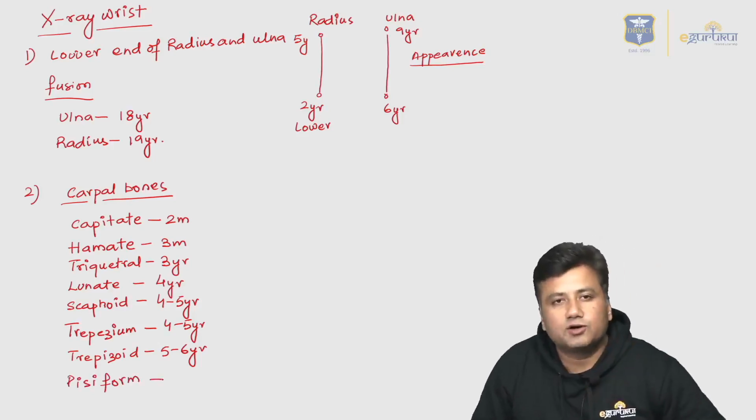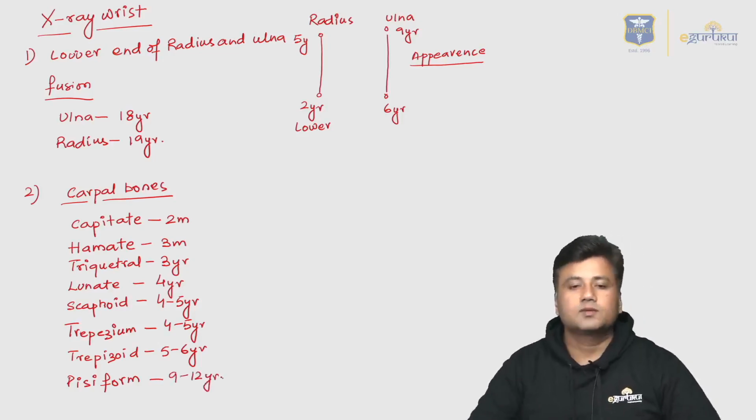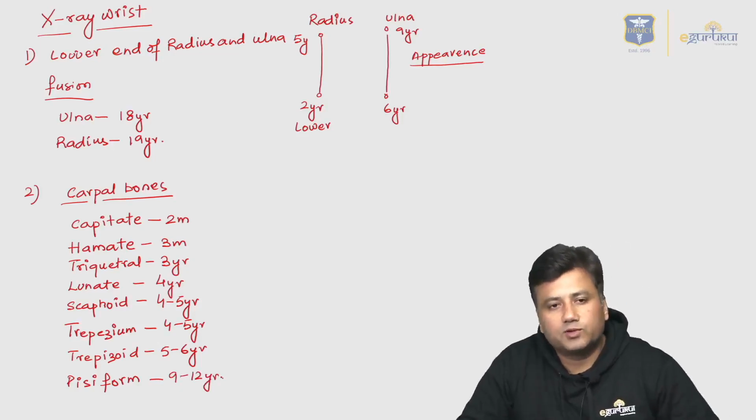The age range of arrival of pisiform is 9 to 12 years.